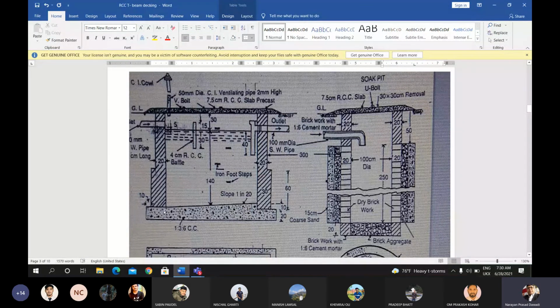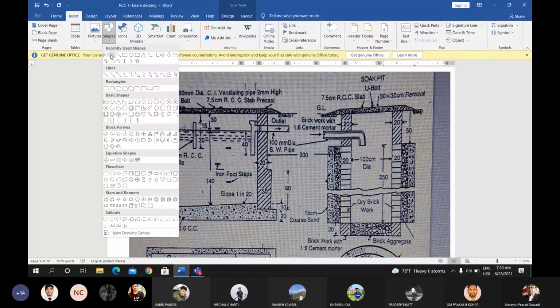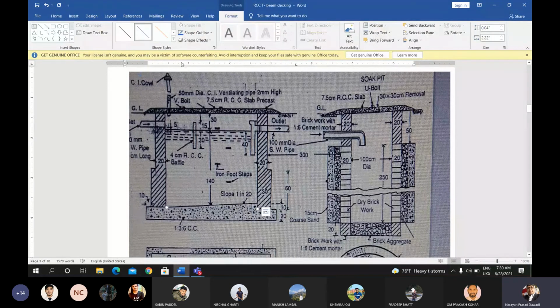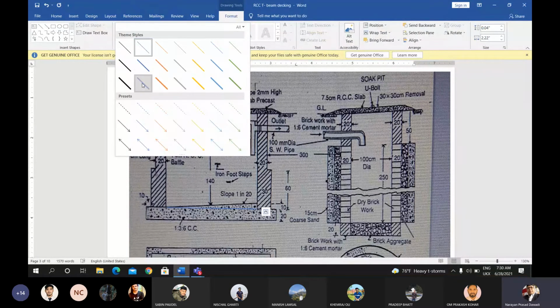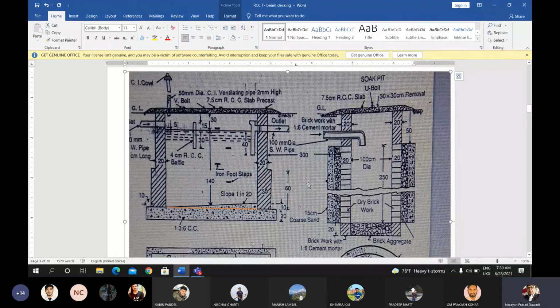This is 170. Now make the horizontal line here. If you make the horizontal line here, the lower part depth of 20 centimeter is given here.